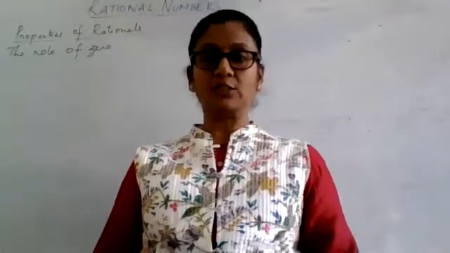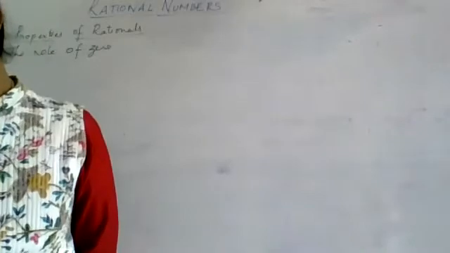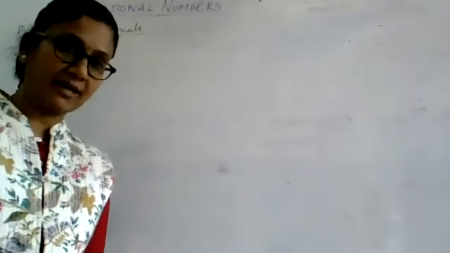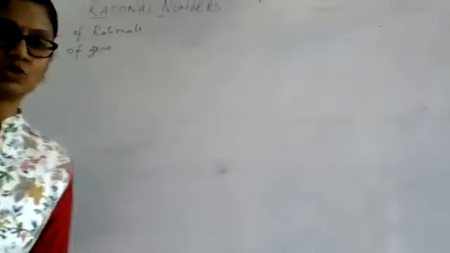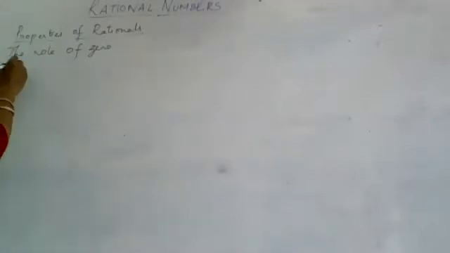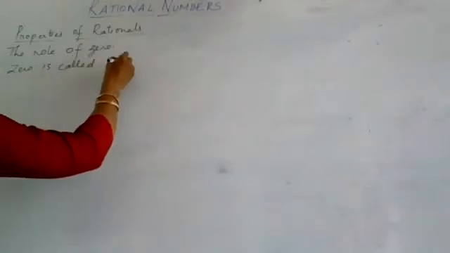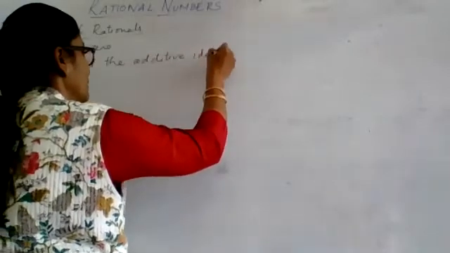The same property holds for rational numbers also. When 0 is added to a rational number, you get back the same rational. So 0 is called the additive identity for the rationals, as it is the additive identity for the natural numbers, whole numbers and integers.